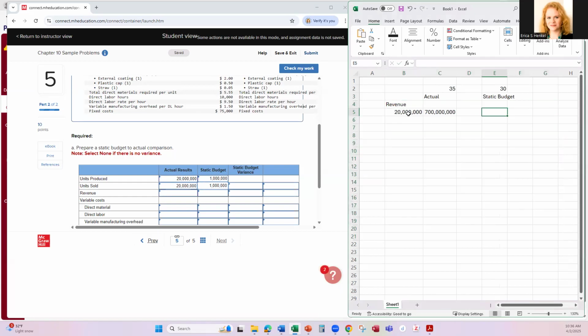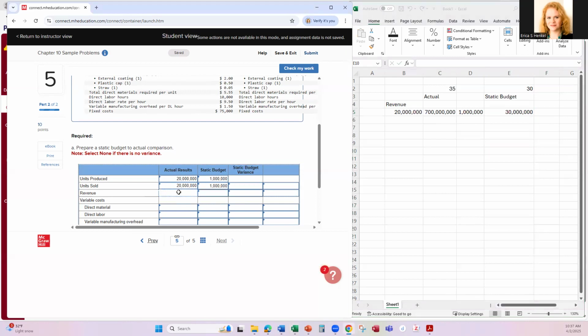So basically I took the 20 million units times the $35 per unit to get the revenues here. For the static budget side, we had 1 million units, which gets us $30 million.